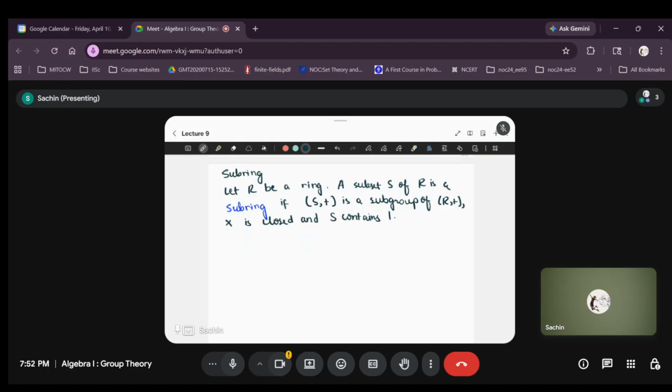And again, if you take the set 2Z, that is all integer multiples of 2, that would be a subring of the ring of integers.